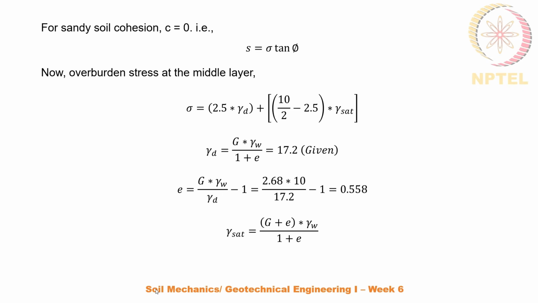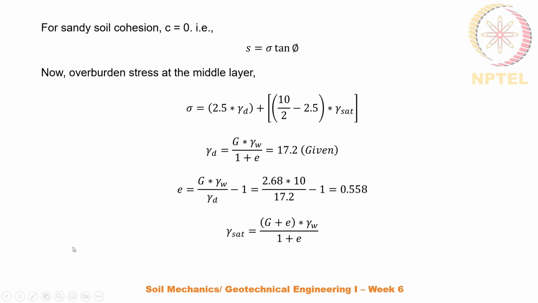Now we can calculate gamma saturated, because for calculating overburden stress, we need both dry unit weight as well as the saturated unit weight of the sandy soil. Dry unit weight of the sandy soil is already given in the question as 17.2.